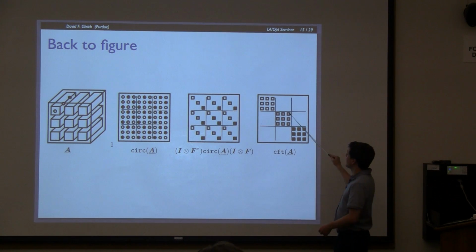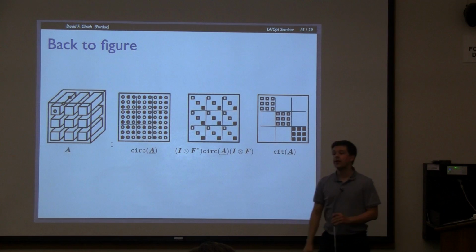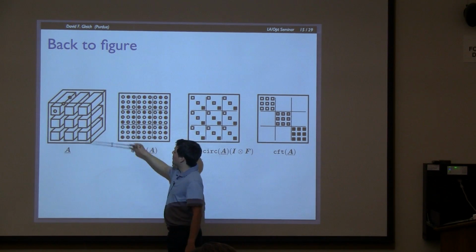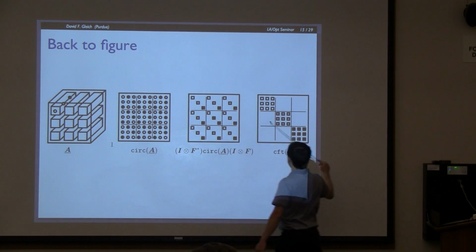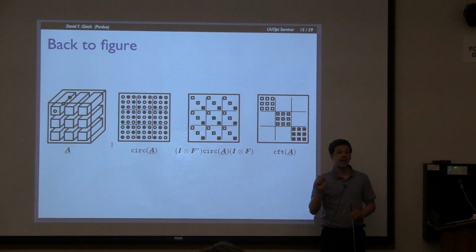So all we're doing here is permuting it. One fact to note here is that there's going to be exactly k blocks of this matrix in the CFT. So the original matrix was m by n by k. This matrix here, every block is going to be m by n, and there'll be exactly k such blocks.